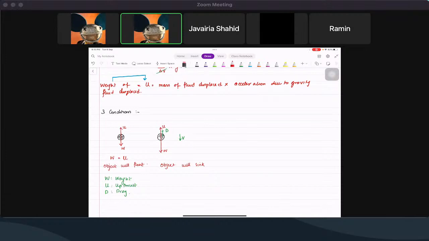Now, in a case where weight is down and this time the upthrust is larger, then the object basically starts to rise, and because the velocity is up, the drag force will be down.